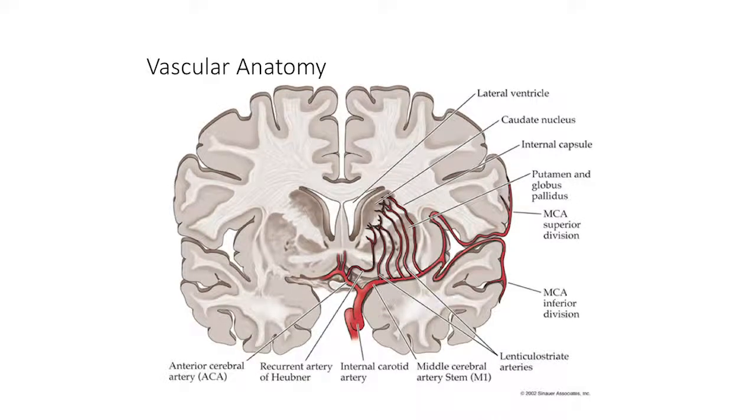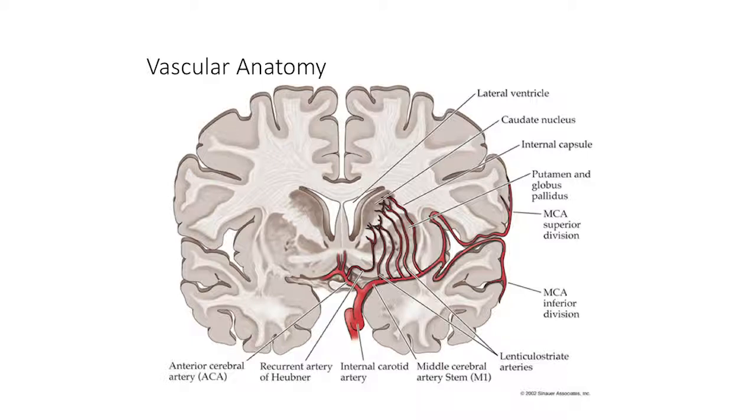So this is the internal carotid artery. Once the internal carotid artery comes here, it gives the anterior cerebral artery, and it also gives the middle cerebral artery. And then these are the lenticulostriate arteries, which supply the deep parts of the brain, including the putamen and globus pallidus, the caudate.